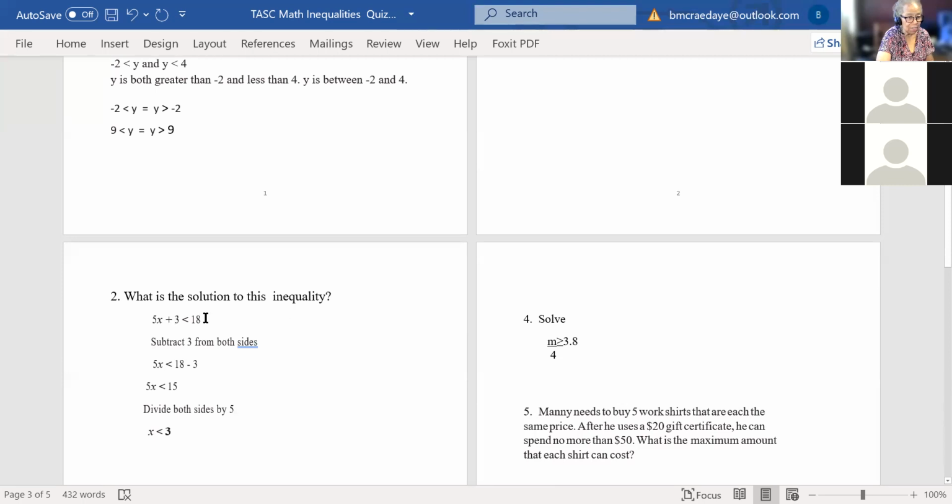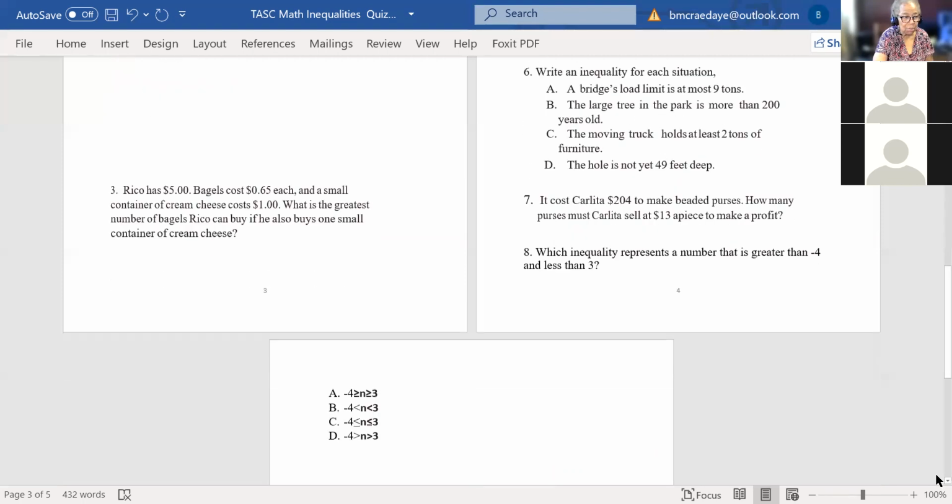Then you got 5x less than 15, that's multiplication, so she did the division, and 5 in 15 is 3. Questions? No. Okay.